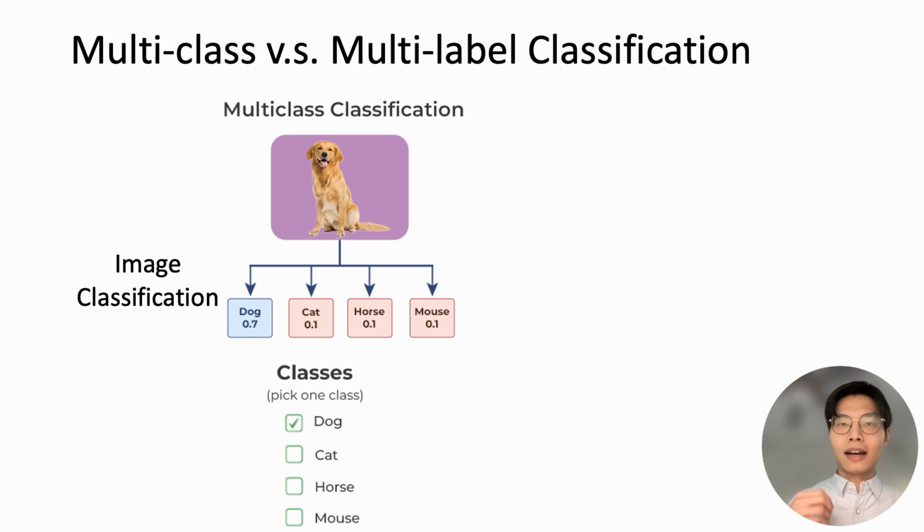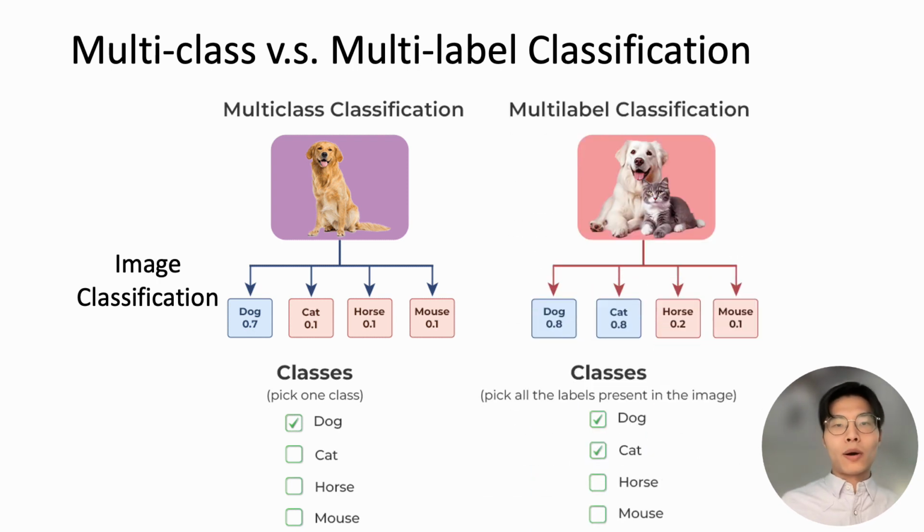Compared to multi-class classification, multi-label classification is typically more general. As you can see in this figure, multi-class classification can solve the problem when the image contains only one animal, say the dog.